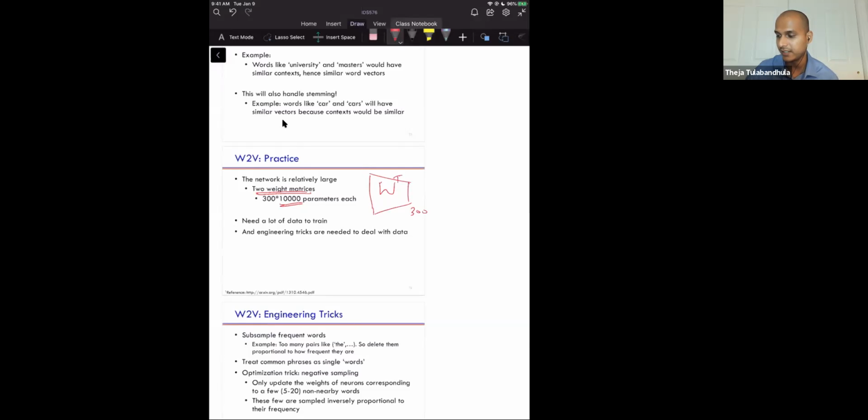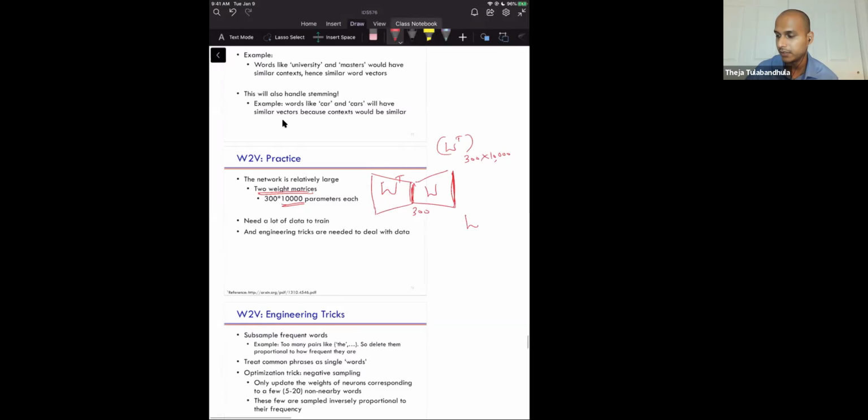W transpose is of size 300 by 10,000. And then from 300 dimensions, you're going back to 10,000 dimensional scores, which I'm just calling W. So W is going from a 300 dimensional vector to 10,000. And so this is a neural network: this is the input, this is the output, and this is the hidden layer.